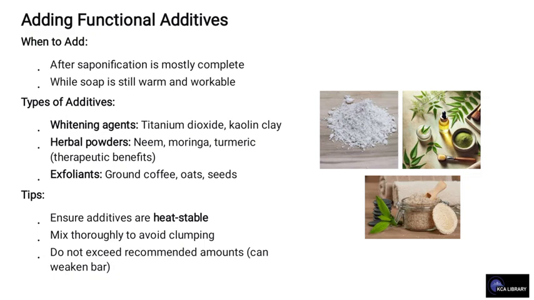We have neem, moringa, turmeric. Another type of additive is exfoliants. These are ground coffee, oats, seeds. So based on your choice, you can add these additives. The tip is that you ensure additives are heat stable. You mix thoroughly to avoid clumping and do not exceed the recommended amount because it can weaken the bars.